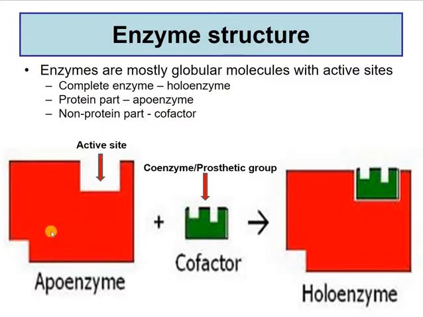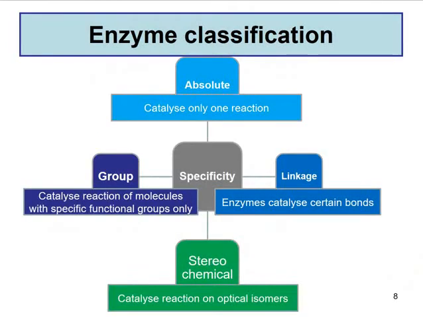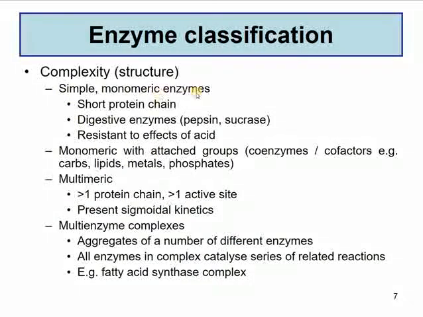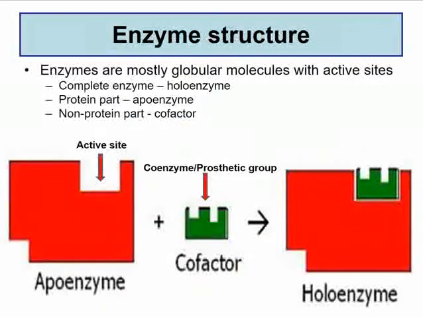However, when it is an enzyme that is joined with something else, it is attached to what we call a cofactor. If you go back here, we mentioned simple monomeric, which will be the apoenzymes, and then monomeric with attached groups. So this will be the attachment, and the attachment is called the cofactor.